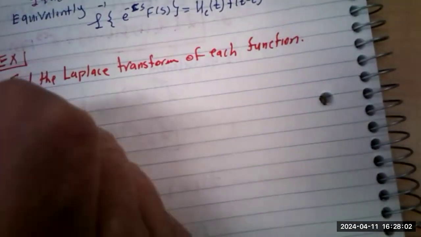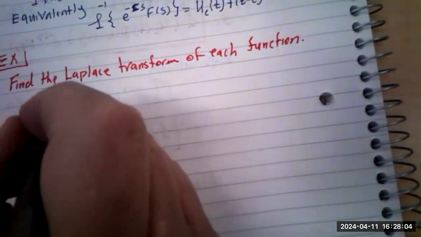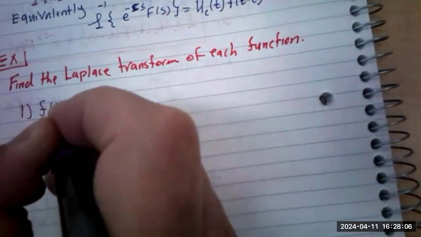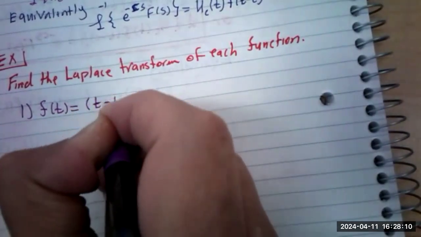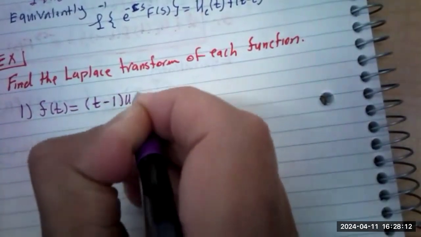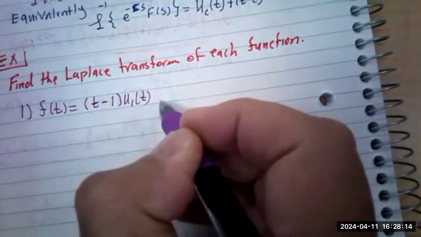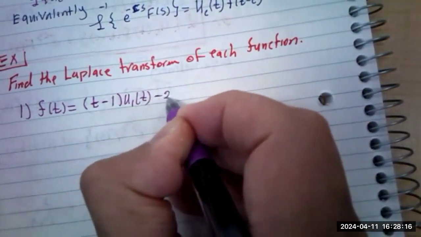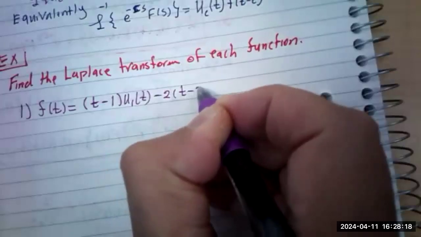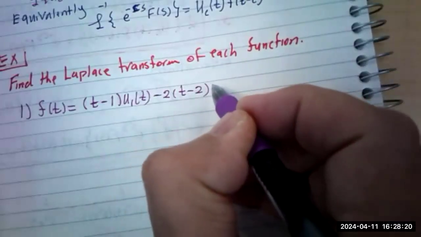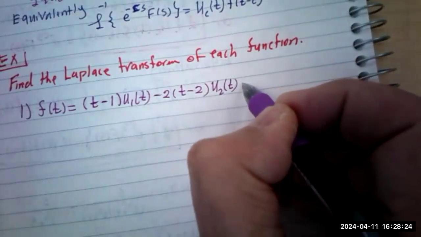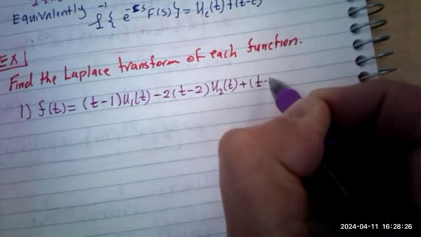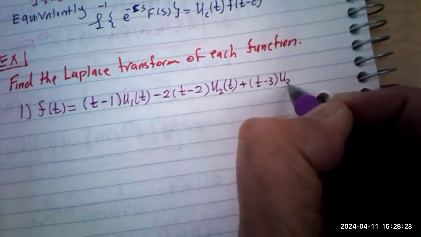Okay, the first one is this function. f of t equals (t minus 1) u_1(t), minus 2 times (t minus 2) u_2(t), plus (t minus 3) u_3(t).